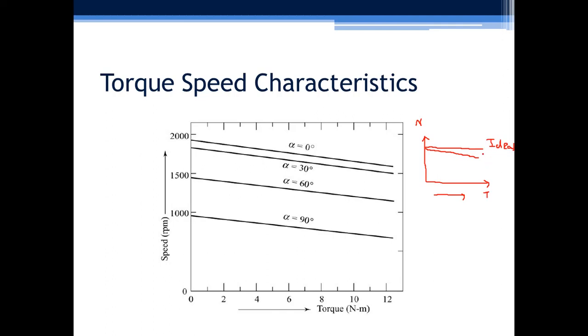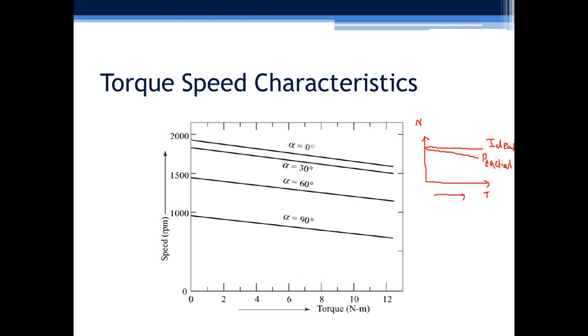So practically you can see that there is a small decrease, but if we avoid that, DC motors are called constant speed motors within rated ranges. So this is a practical graph. Here one can see that as we increase the torque, there is a very small effect on the speed.